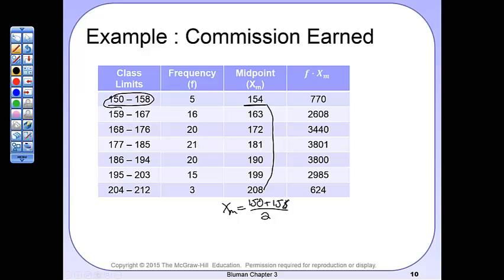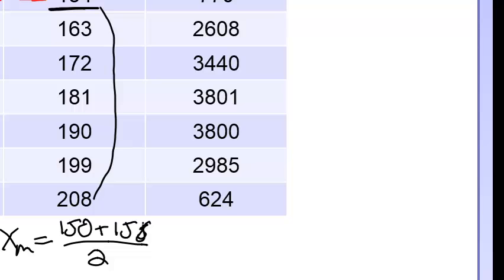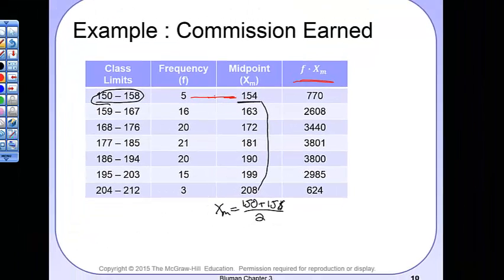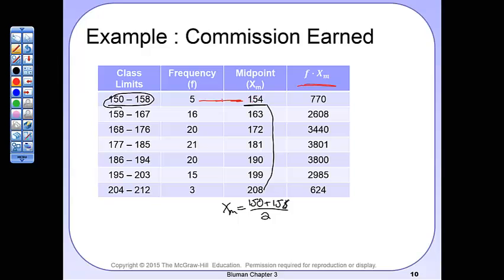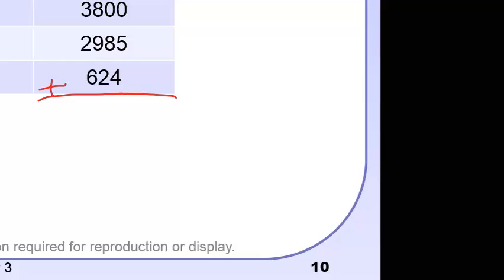To get the last column here, I took this column and multiplied it by this column. In other words, I multiplied the 5 times the 154 and got 770. And I'm going to do that all the way down. And then what I'll do is add up my last column.